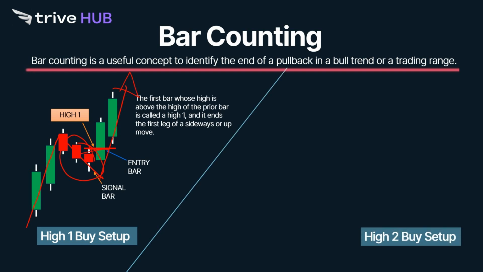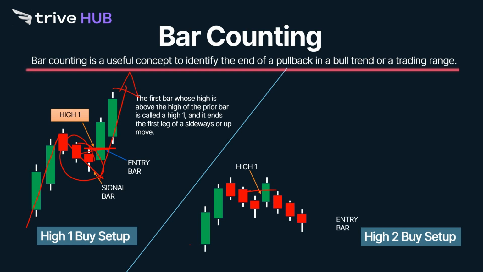Okay, a high 2 buy setup looks like this. We have a normal high 1 entry forming around this point, but this high 1 fails. We have discussed that in robust trends, in very good bull trends, the high 1 entry will be perfect, but in a little bit weaker trend, or you can say a healthy trend, the market will give you two pullbacks.